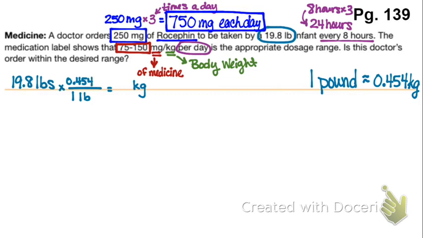Any units with that? Kilograms at the top. So now my pounds are going to cancel. I want you guys to multiply those for me real quick so that we know what the baby's weight is in kilograms.